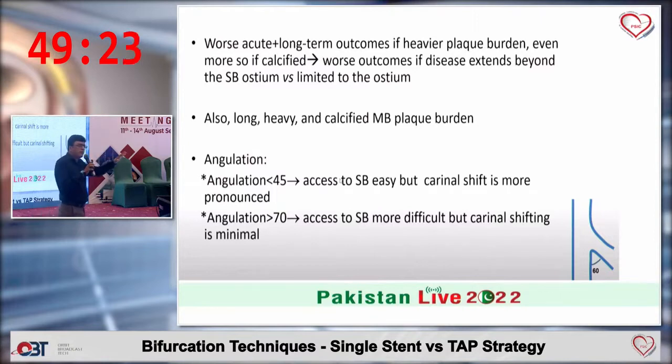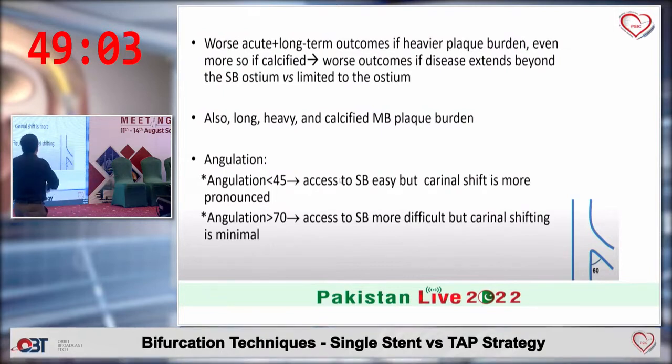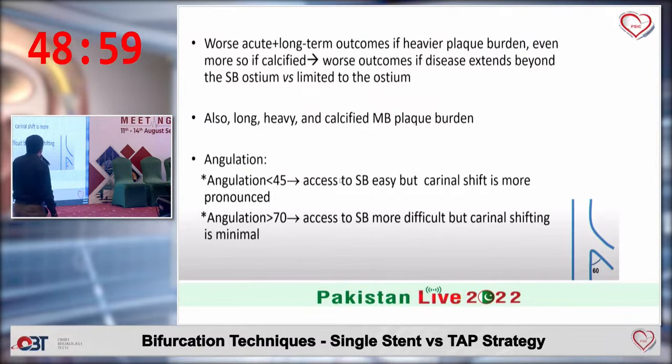You're looking at the angiogram, you're seeing whether I should go two stents or one stent. You look at the side branch, you look at the degree of stenosis of the side branch, and the size of the side branch, whether it's 2.5 or less than 2.5. You look at the ostium of the side branch, whether it's more than 90% or less than 90%, and the length of the side branch. All these things you need to know. Another important thing is the angulation. If the angulation is less than 45, access to the side branch may be easy, but carina shift is more pronounced.